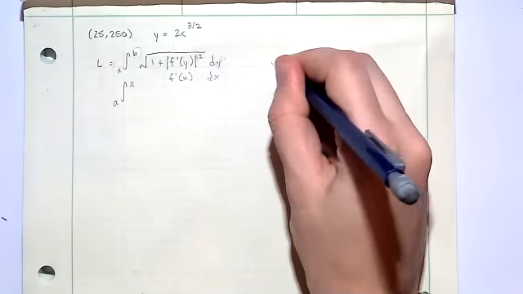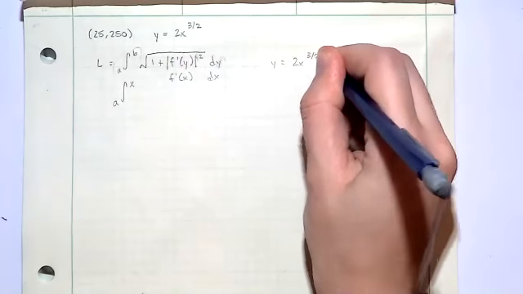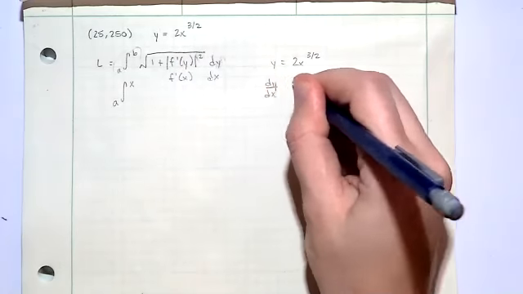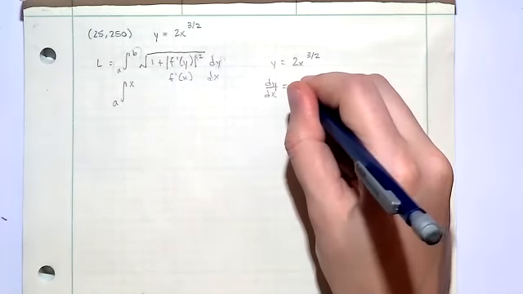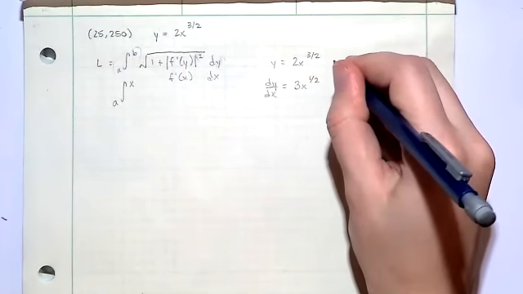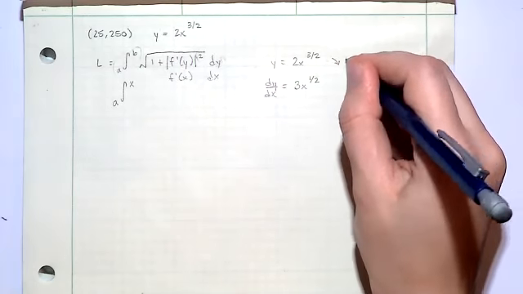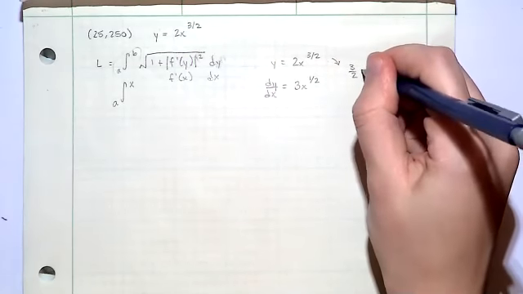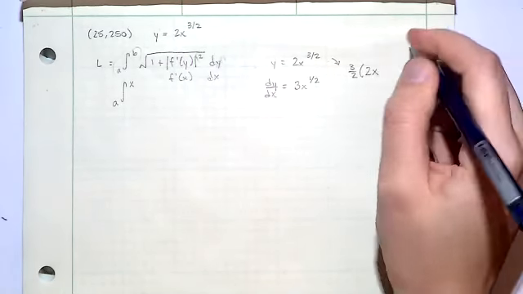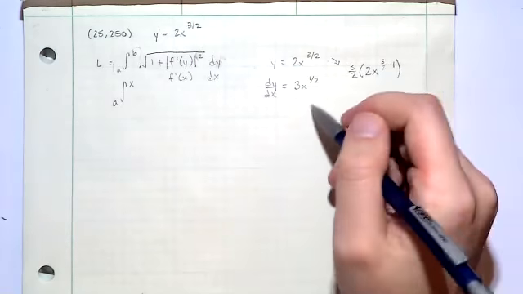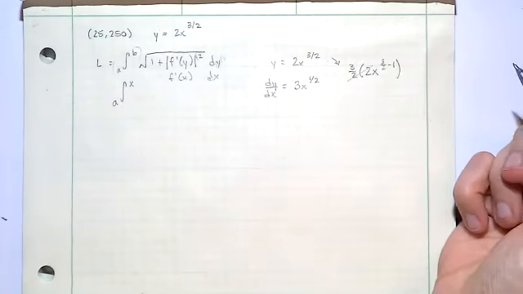So if y is equal to 2x to the 3 halves, then our dy/dx is going to be equal to 3x to the 1 half. And that is by saying that 3 halves comes down, it's multiplied by 2x, and then it's going to be 3 halves minus 1, which takes us to that 3 and that 1 half. So the 2's cancel out right there.